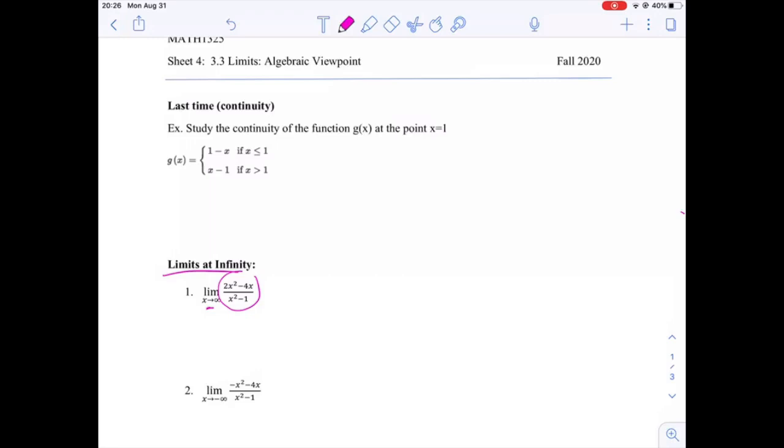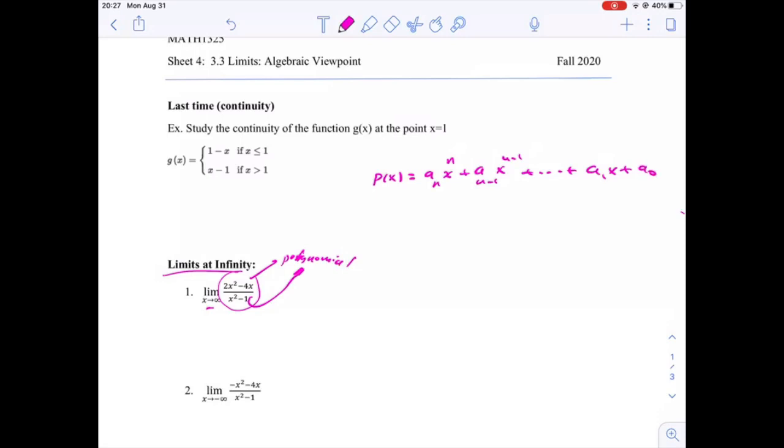This is a polynomial, and this is a polynomial. What do we mean by polynomial? Let me remind you. For example, p of x is a polynomial if it can be written as a sub n x to the power n, plus a sub n minus 1 x to the power n minus 1, up to a sub 1 x plus a constant term.